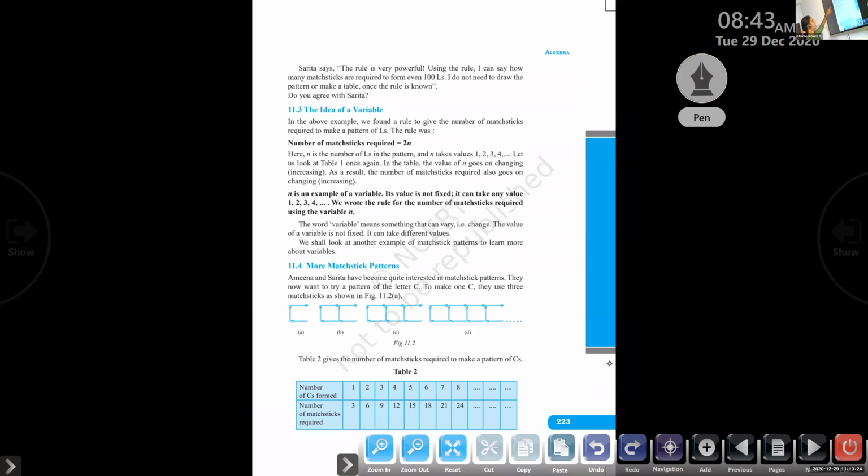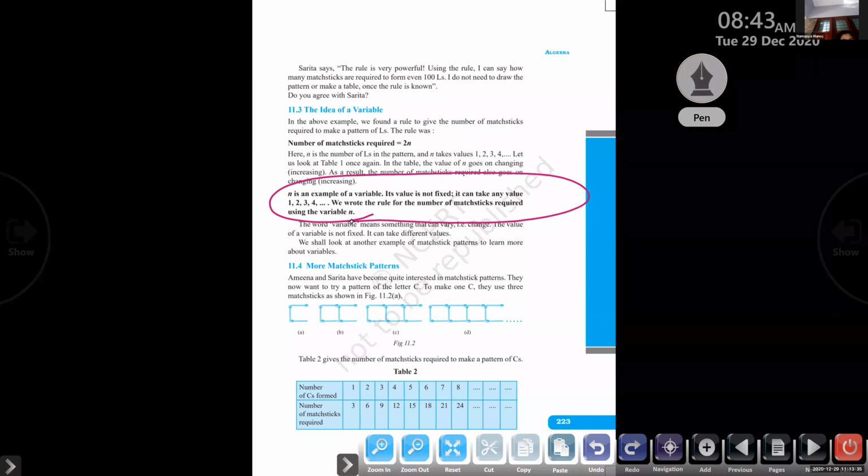Okay. So, the idea of a variable. I think you have written the notes like this. Yes, ma'am. N is an example of a variable. Its value is not fixed. Variable means it varies always.